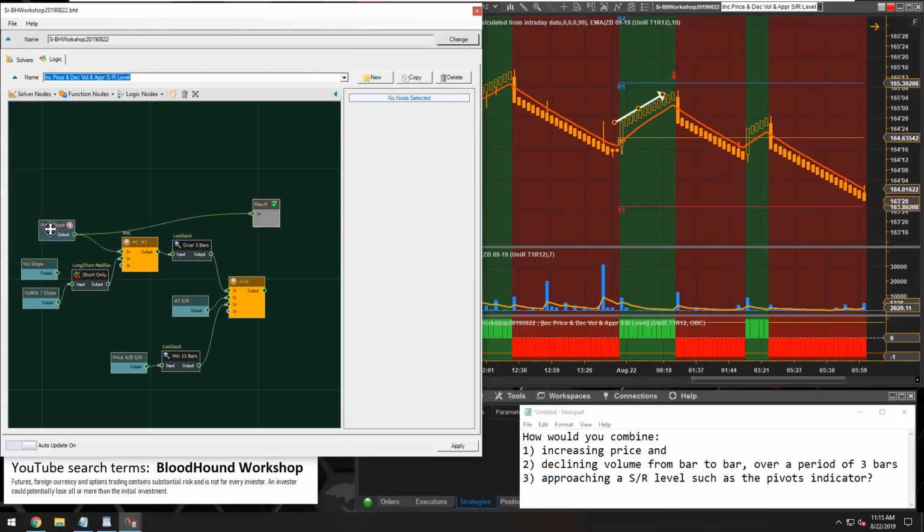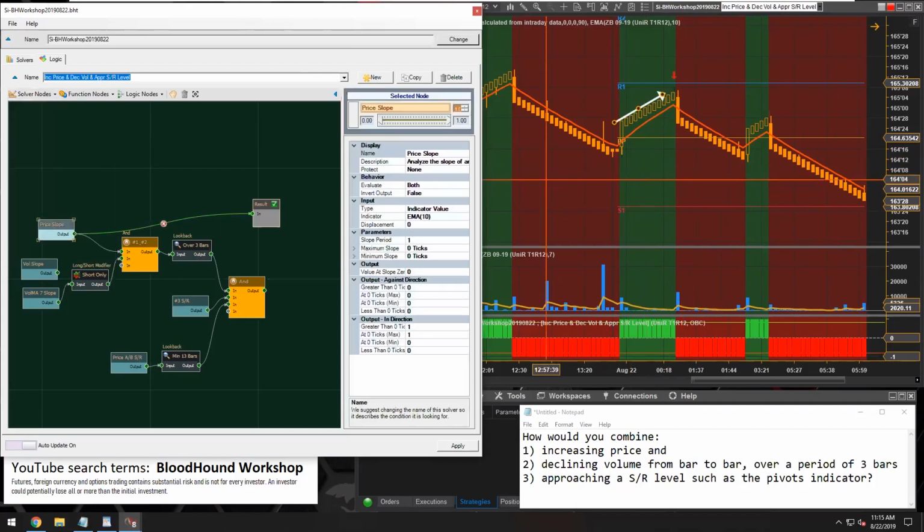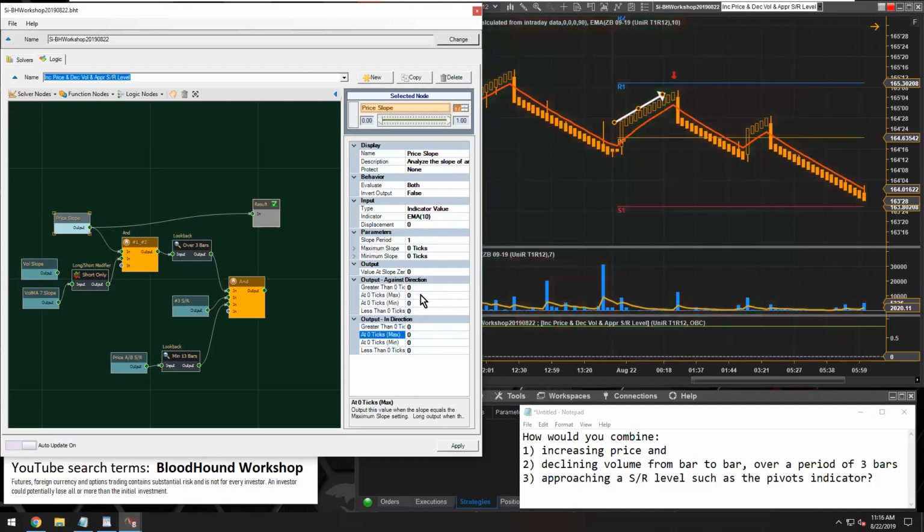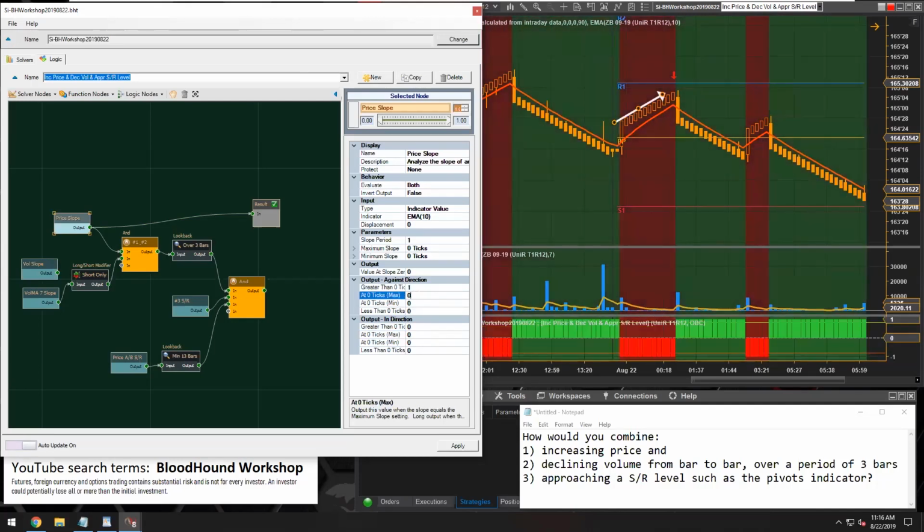So the reason why we weren't finding anything is I needed to reverse the output of the slope solver. So instead of using an output in the direction of the slope, we needed to use an output against the direction of the slope. So for counter trend, you're going to want to use against the direction of the trend, basically.